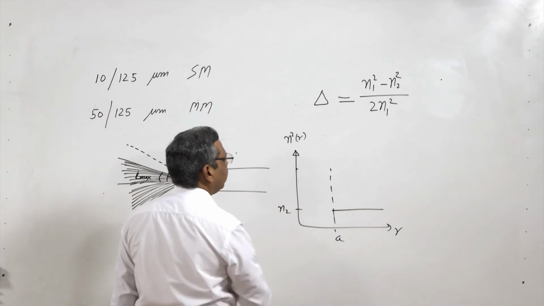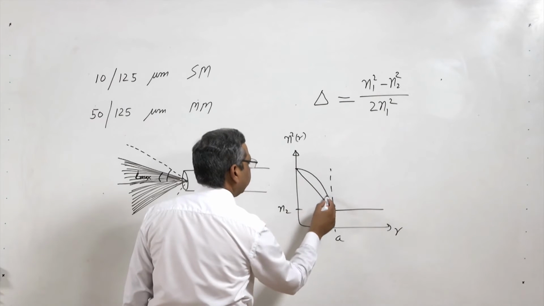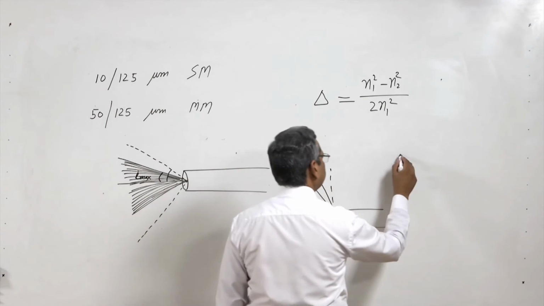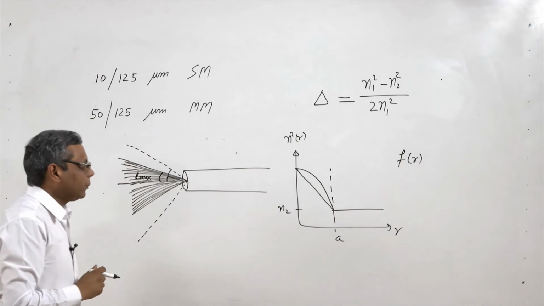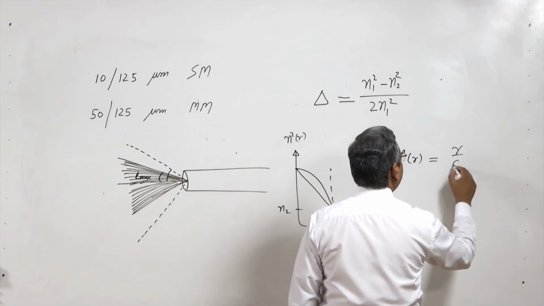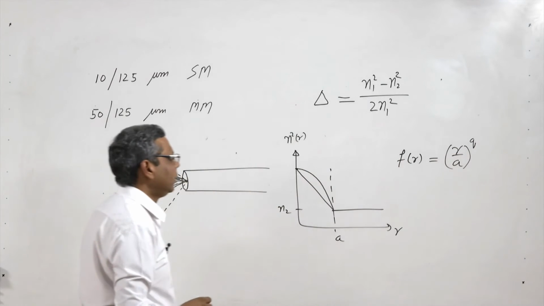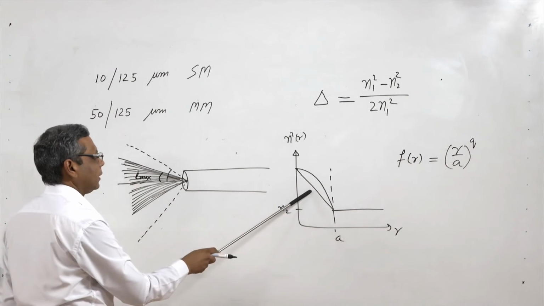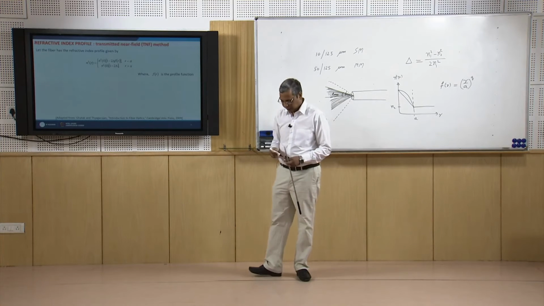Now, in the core, whether the refractive index is this or whether it is this, it is defined by this function f(r). For a power law profile, this f(r) can be written as r over a to the power q, this we had seen earlier also. q is equal to 1 corresponds to the triangular profile, q is equal to 2 corresponds to the parabolic profile.